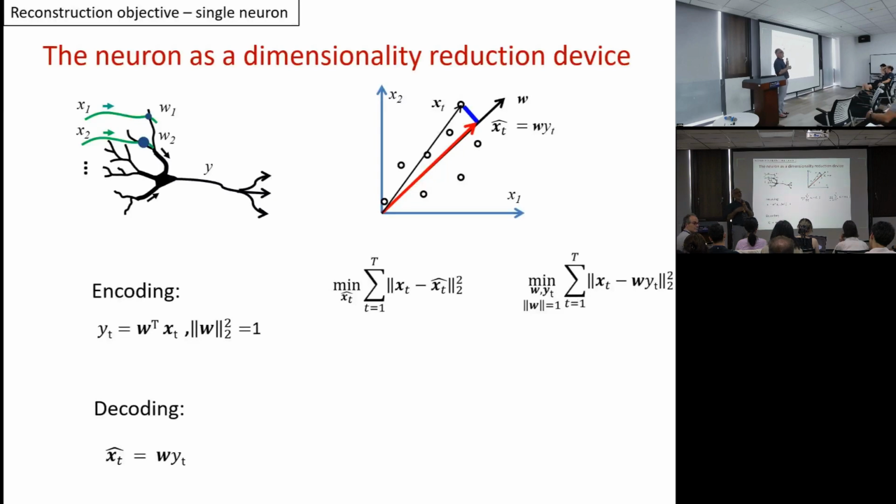Exactly. But w is trying to please, but it can't please everyone. If it pleases this x, it will not please that x. So it's trying to find the golden middle.